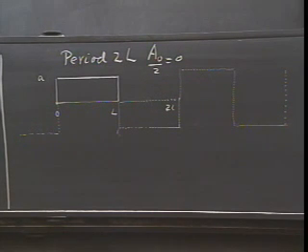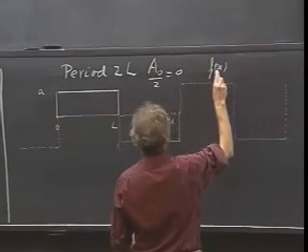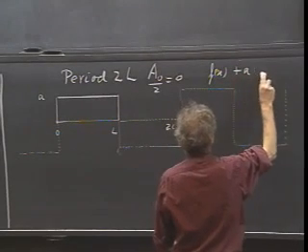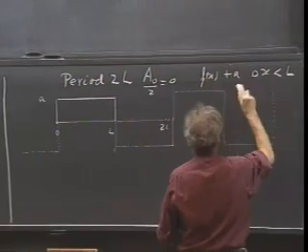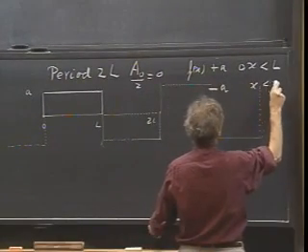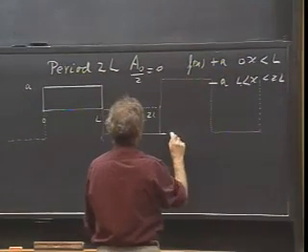And so my function now, you can write down y of x if you want to, is plus A for x being between L and 0, and it is minus A for x between 2L and L, because this here is minus A.